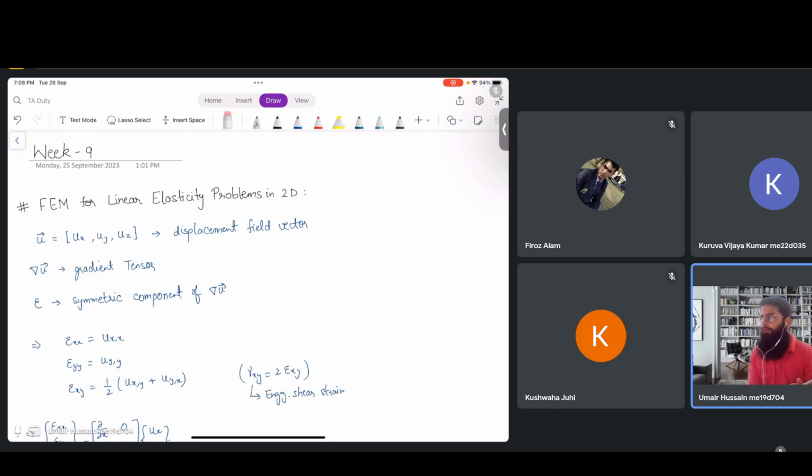A classical example for a vector field problem is the elasticity problem. So can someone first tell me what is a vector field problem?